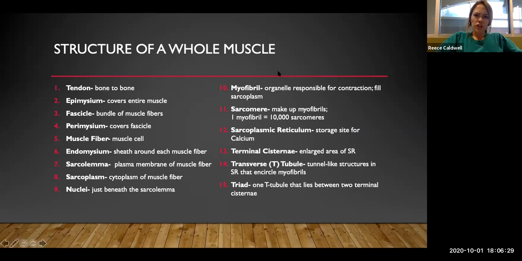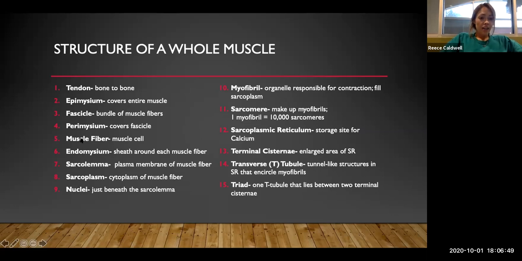And then we have a few other new types of organelles that you've probably never heard of before, like myofibrils, sarcomeres, sarcoplasmic reticulum, all these things. You're probably like, what the heck? For this lab, we're just going to focus on these two because they're the most important, and the sarcomere is very important.